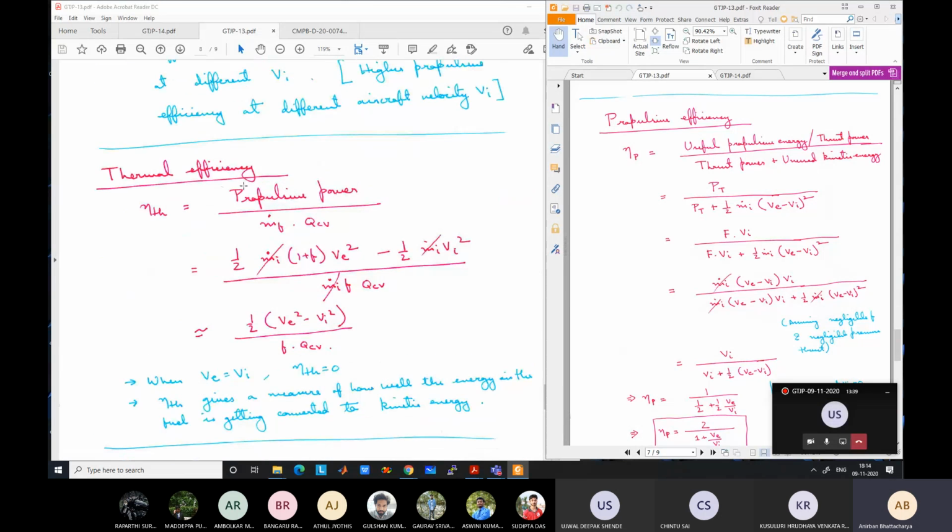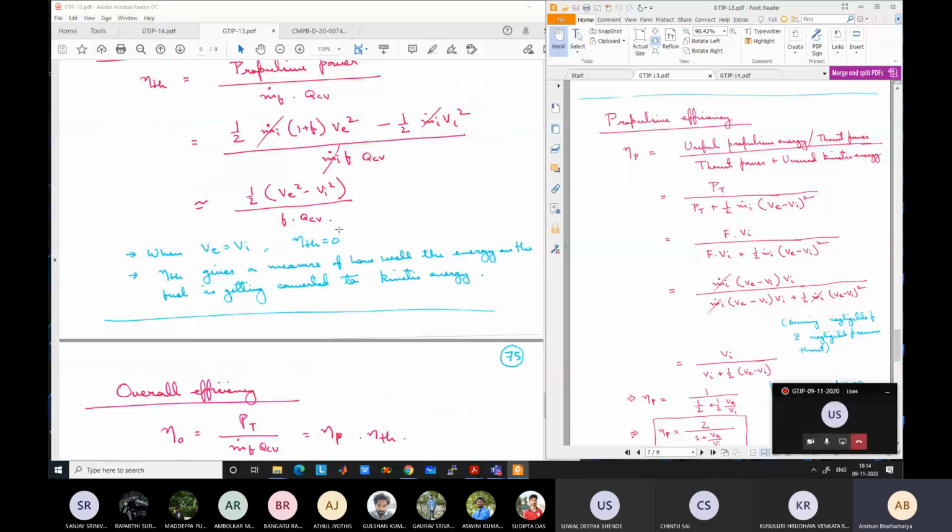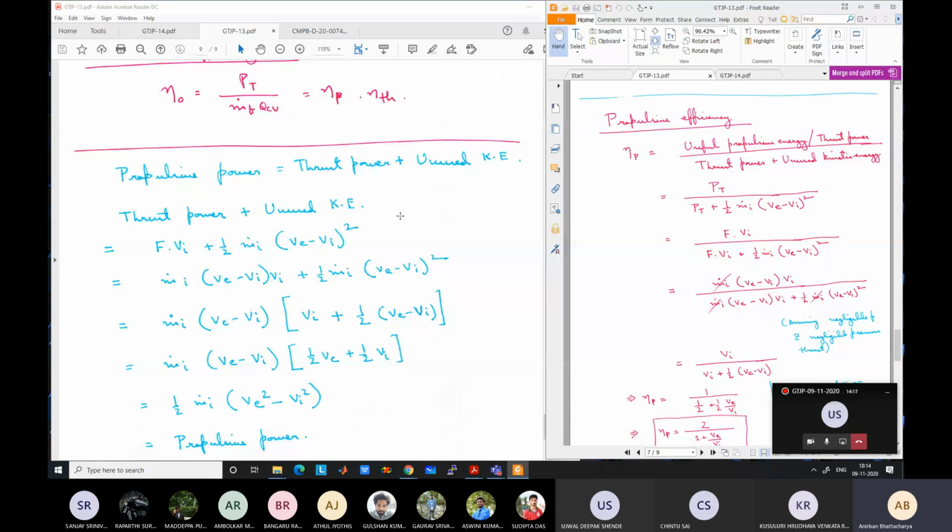So whatever I am writing here as propulsive power should be equal to this denominator. Here we have defined propulsive power, if you ignore fuel air ratio, as half m dot I (V square minus Vi square). Here the m dot I got cancelled, but the propulsive power is half m dot I (V square minus Vi square), which is different from this form that we have written here, f into Vi plus half m dot I (V minus Vi) whole square. So these two should be equal, and we can check that they are equal actually.